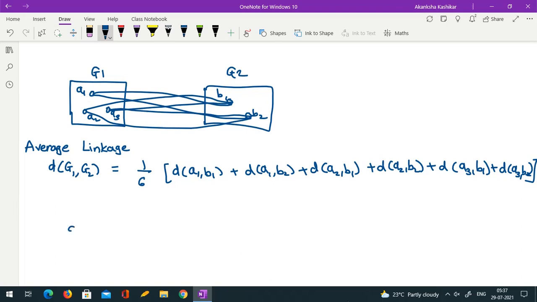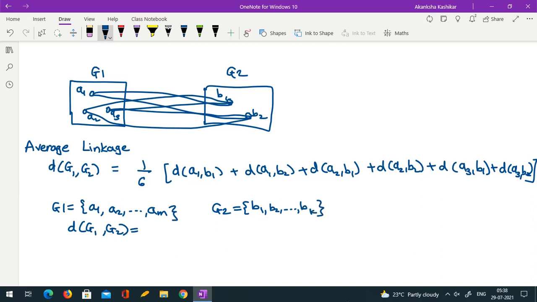In general, I can write the distance between G1 and G2 as follows. Let G1 consist of A1, A2, up to AM, and suppose G2 consists of B1, B2, up to BK. I'm trying to generalize.